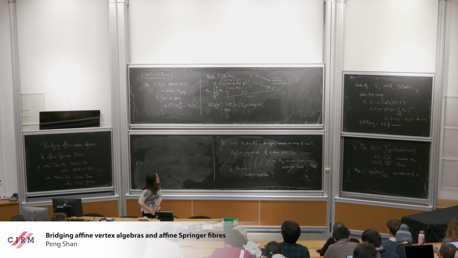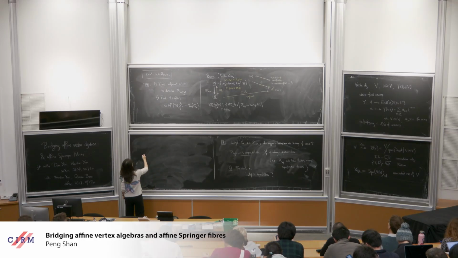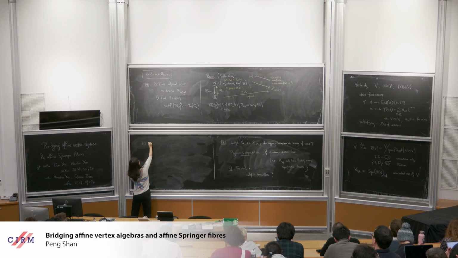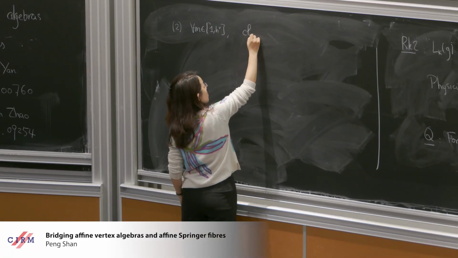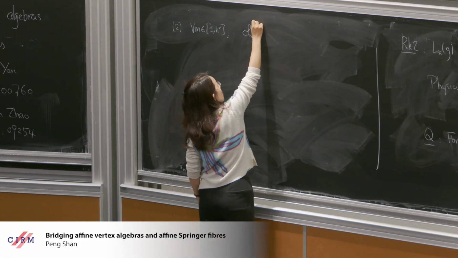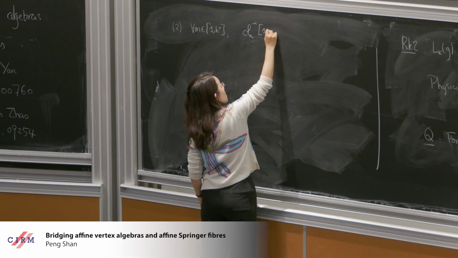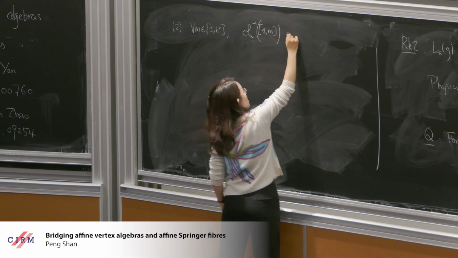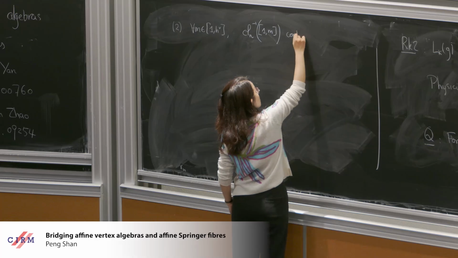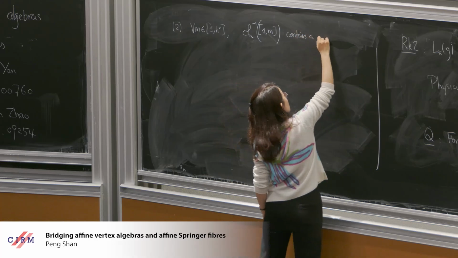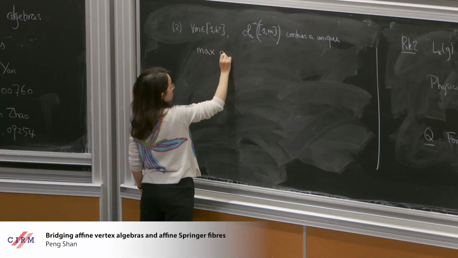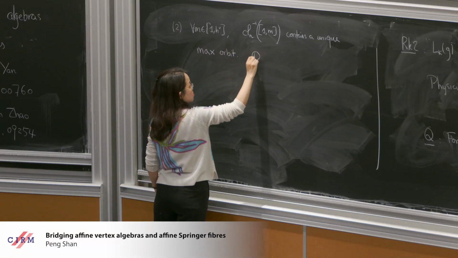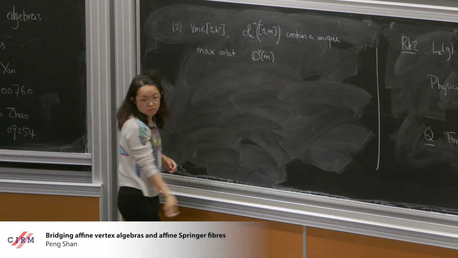So that was the first. And second, we prove that for any n in this interval, the pre-image of this map, which I denoted by C_n, of the interval 1 to n, contains a unique maximal orbit, which I denoted by O check of n.